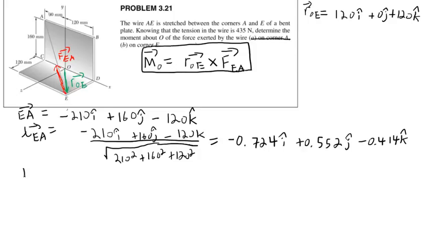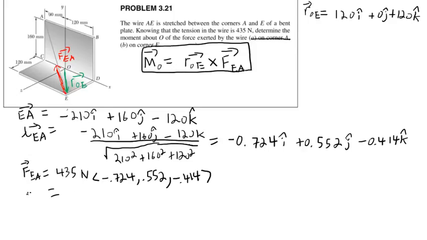Next, I want to find FEA. And this is simply 435 newtons times negative 0.724, 0.552, negative 0.414. So I just multiply this by 435 as a scalar multiplier.